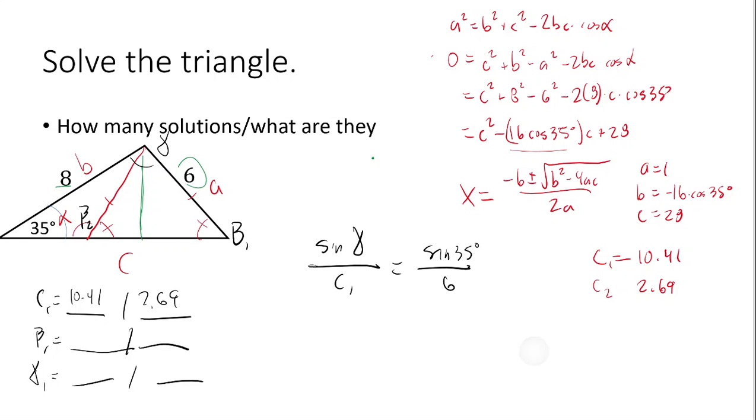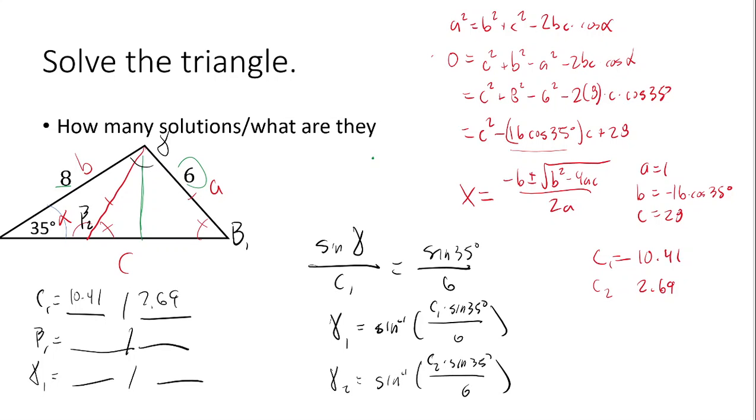So gamma 1 would be the inverse sine of C1 times the sine of 35 degrees divided by 6, and gamma 2 would be the inverse sine of C2 times the sine of 35 degrees divided by 6. And we have C1 and C2.